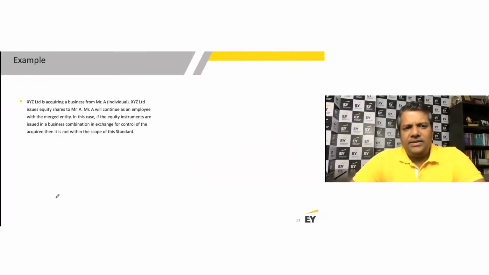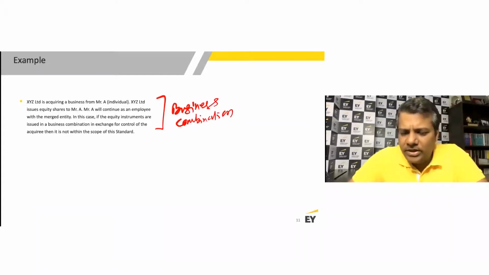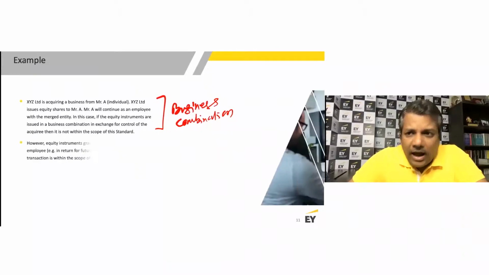In this case, if the equity instruments are issued in a business combination in exchange for control of the equity, then it is not within the scope of the standard. So if it is related to the business combination, as I just said, then it is not within the scope of the standard.